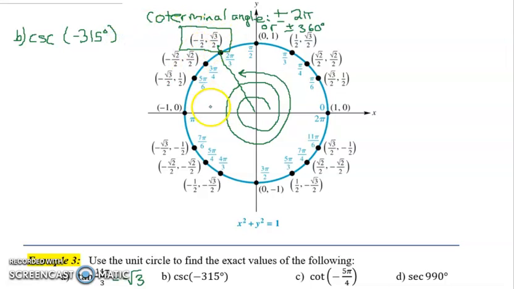So with a negative angle that doesn't show up on the circle here, what we need to do instead is find a coterminal angle. And I mentioned earlier that if we're working in degrees, then we want to either add or subtract 360 degrees to find a coterminal angle. So in this case, because it's negative, we want to add 360 degrees, and that gives us 45 degrees.